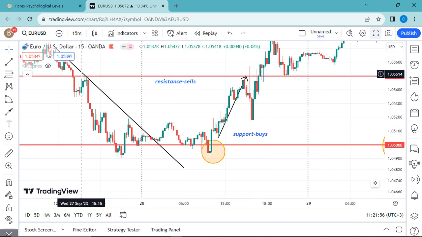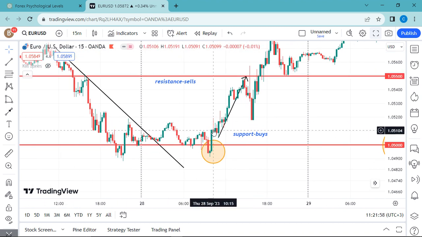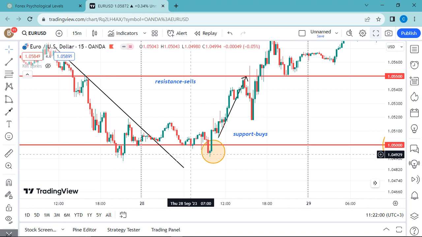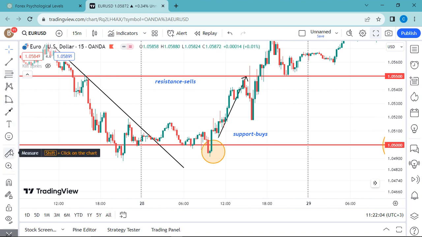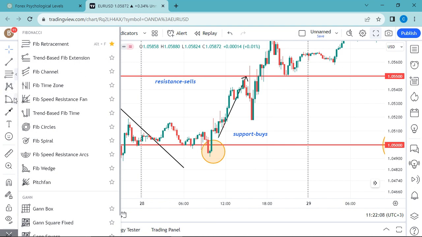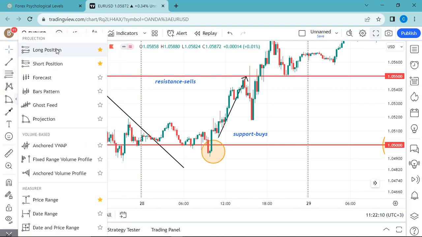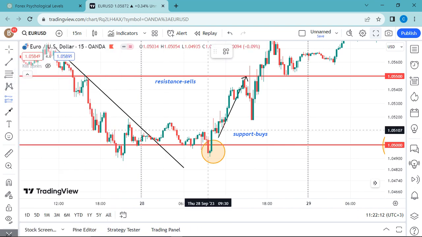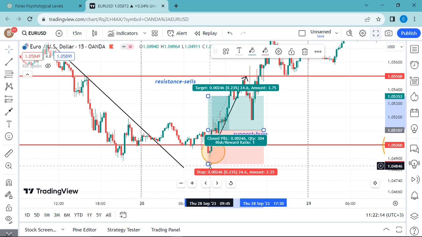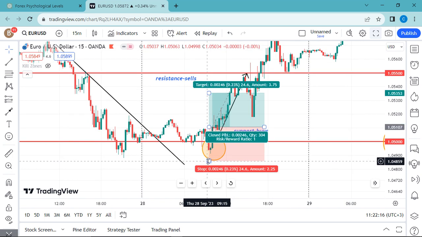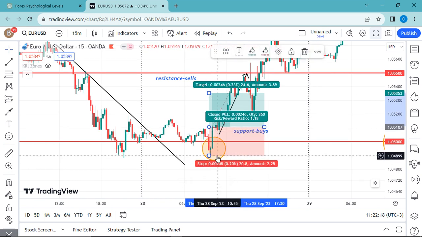But what transpired over here, you can see there was a bullish momentum, a buy momentum, right? So you could have taken this trade. It was a wonderful trade, right? You could have made your entry over here, stop loss just below these lows over there, right?